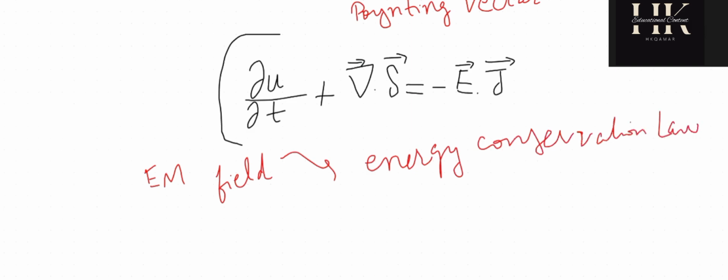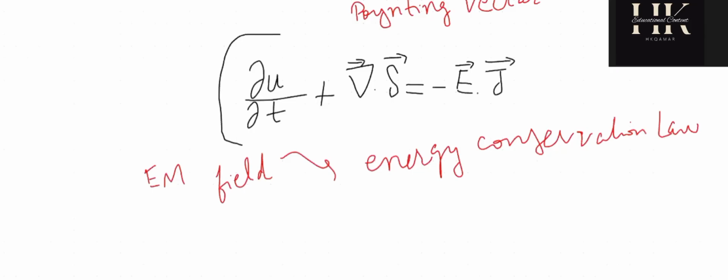Here U represents the electromagnetic energy density. S represents the Poynting vector or energy flux.